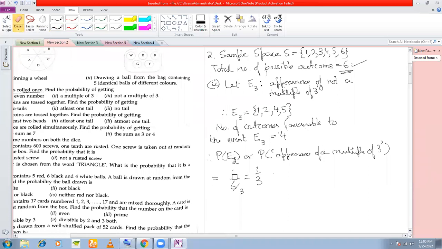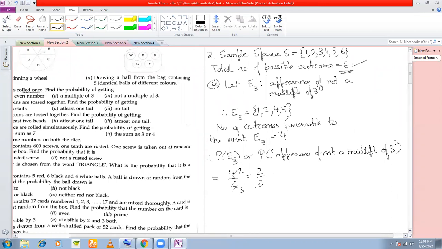So the probability of appearance of not a multiple of 3 is 4 by 6, which is 2/3.